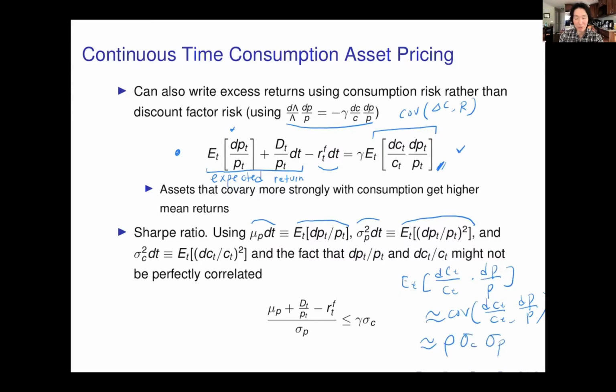And because correlations are between negative and positive one, we can obtain this bound for the Sharpe ratio, which we also obtained for the case of the discrete time finance. Basically, there's a very strong analogy between the discrete time case and the continuous time case.